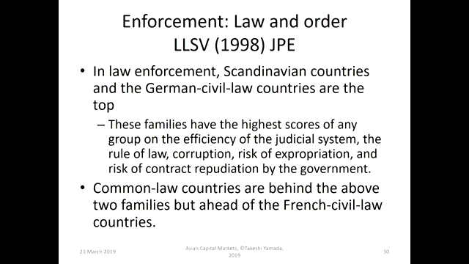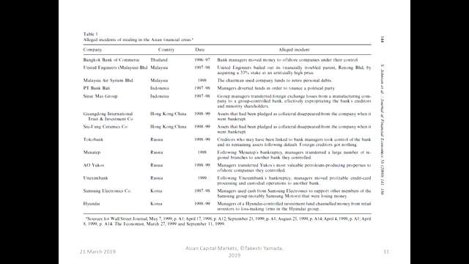So they are the best. And common law countries are behind these 2 families, but still ahead of French civil law. So it means that the French civil law countries are also not good in this law and order. So that's their conclusion.